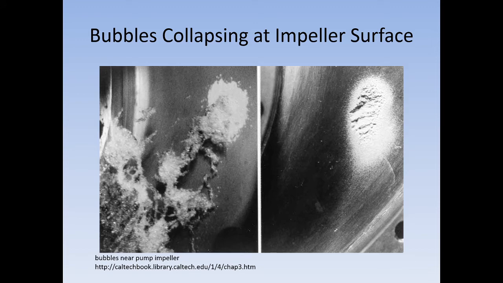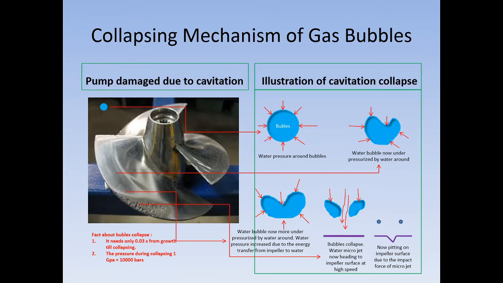This is a close look at how the water actually hits the pump impellers. This mechanism can be simplified. Okay, this is the damage to the pump impellers, so how does it happen? First we have to go to this illustration. This is the water already in bubbles.